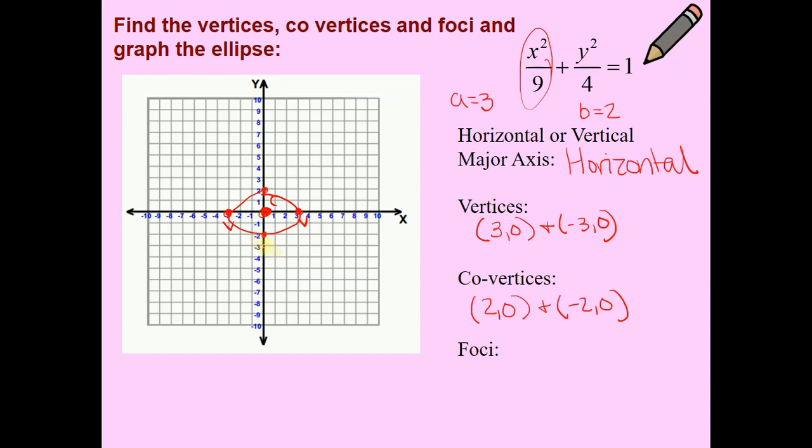Let's find our foci now, which I need to use that really cool formula. a squared minus b squared equals c squared. So my a, we found our a to be 3, so 3 squared minus my b, which is 2 squared, equals c squared. So 9 minus 4 equals c squared, 5 equals c squared. So that tells me c is equal to the square root of 5. Awesome.